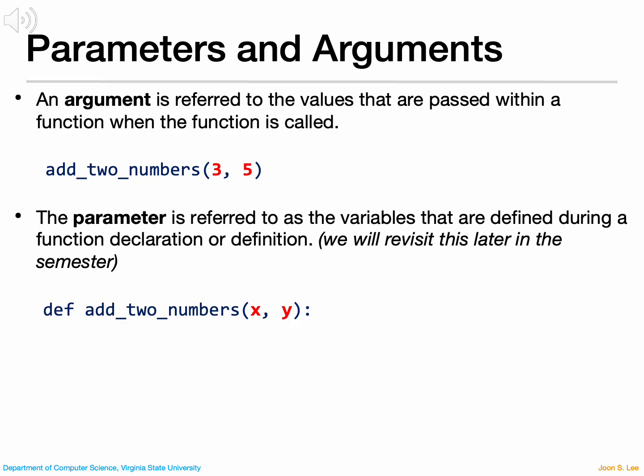It's the variable name you write inside the function definition that will receive the value when the function is called. So if the function is defined as def add2numbers(x, y), then x and y are the parameters. In short, parameters are the labels inside the function, and arguments are the actual values you pass in. We'll come back to this later in the semester when we go deeper into writing our own functions.